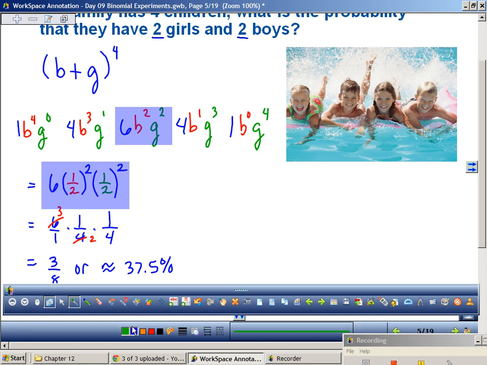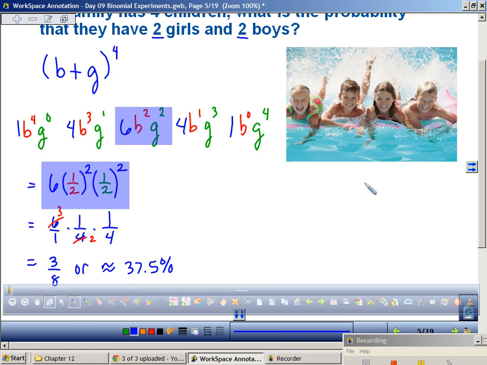Does that help? You see it now? Still don't see it? How this right here is the same as this? I'm just substituting for the probability. Isn't that what we did last night? Didn't you put the probability in? This should look familiar. What did we do last night? Combination. What would be this combination? How many choices do you have? 4. Choose what? 2. Then I put the probability of being a boy to the 2nd.